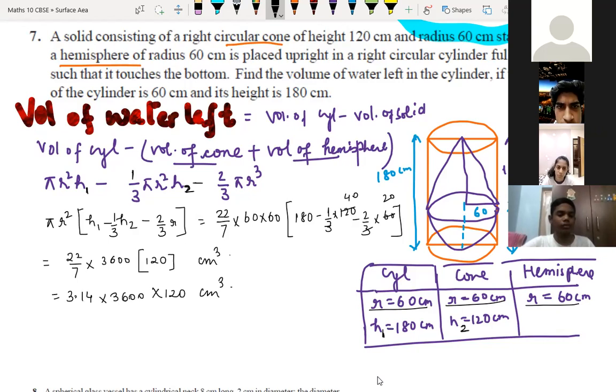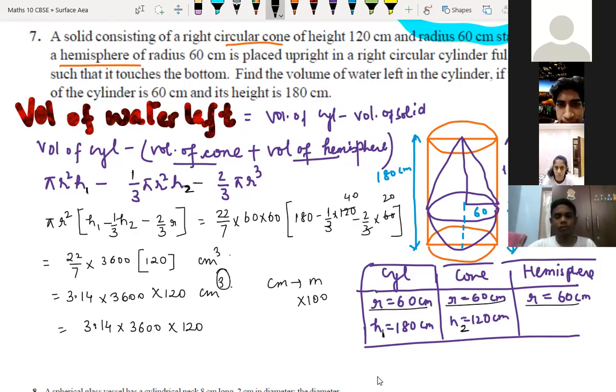And if you want the answer in meter cube, then you can divide by what, children? Sir, it's divided by 10 lakh. Yeah, 3.14 into 3600 into 120. See, centimeter to meter conversion, we have to multiply by 100.